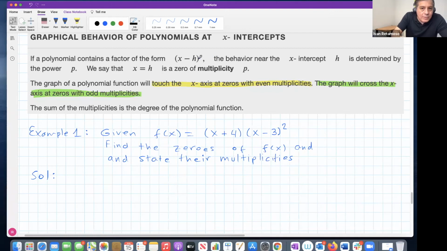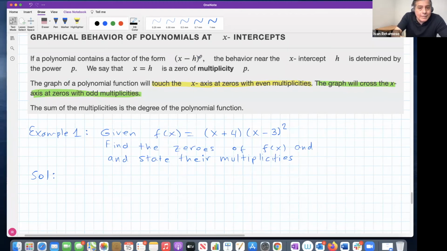Remember, I talked to you about multiplicity, right? If instead of 1, which is a very common situation for this exponent, you find here 2, as we saw before in the example when the zero number 5 was repeated, then you will say that that zero has multiplicity p, right? Could be multiplicity 2, multiplicity 3, okay? But now mathematicians discovered that the graph of the polynomial function will touch the x-axis at zeros with even multiplicity.